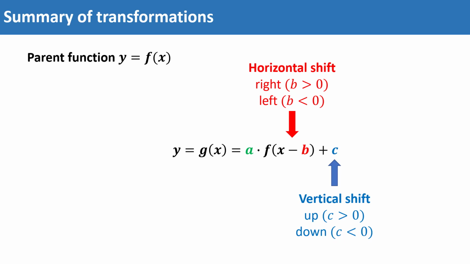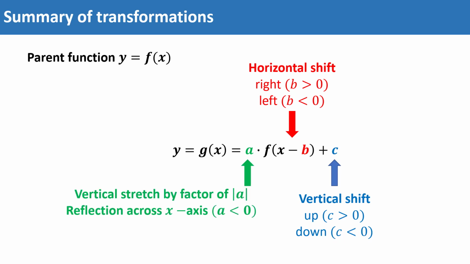More specifically, when c is greater than 0, the graph shifts up, and when c is less than 0, the graph shifts down. Lastly, we saw that parameter a, the parameter multiplied outside the function, vertically stretched the graph, and when a was less than 0, the graph reflected over the x-axis, or y = 0.